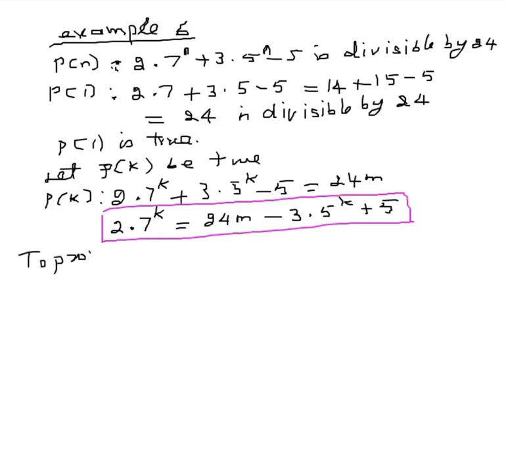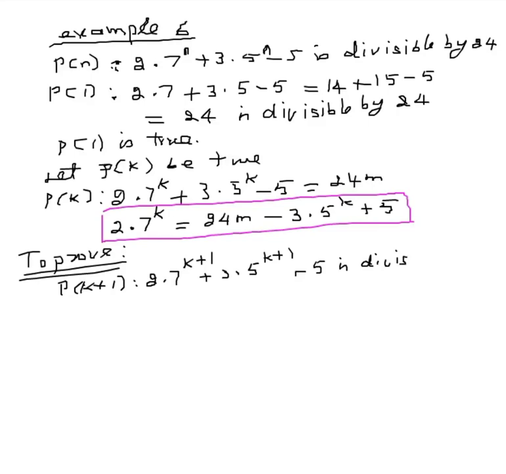To prove P(k+1), which is 2 times 7^(k+1) plus 3 times 5^(k+1) minus 5, is divisible by 24.